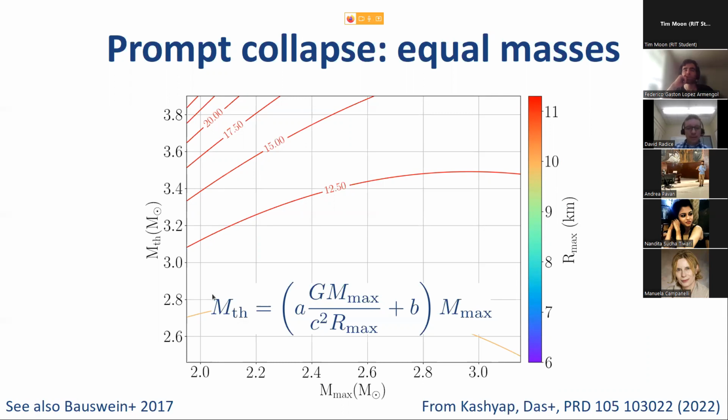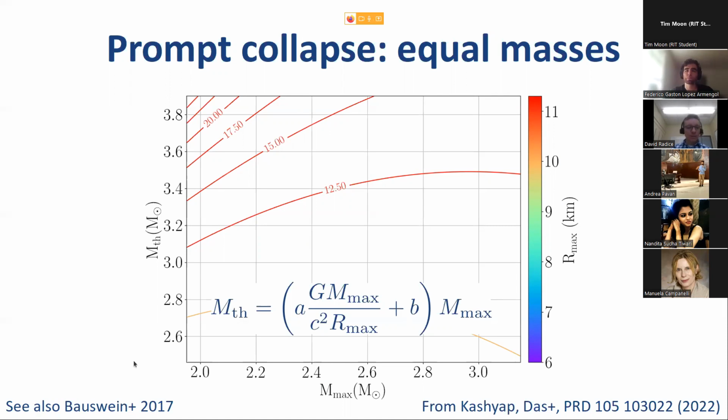So here the idea is that the threshold mass, this quantity here in parentheses, is proportional to the maximum mass of a non-rotating neutron star. K threshold is proportional to the maximum star compactness, this quantity here, and there are two coefficients A and B that we can infer from simulations.